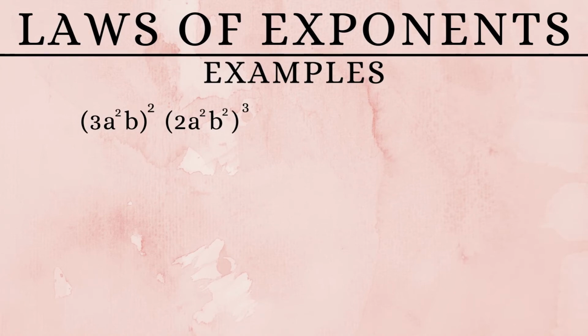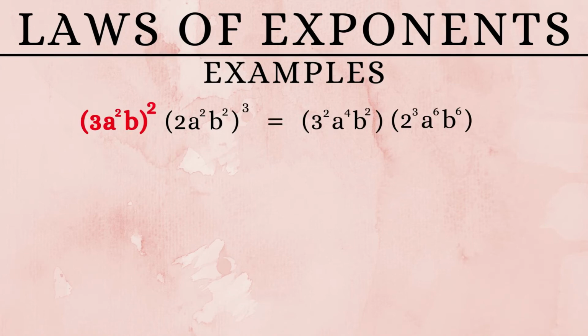As a first step, we split the exponent 2 and 3. 3a square b, the whole square, becomes 3 square a to the power of 2 into 2, which is a to the power of 4, into b square. 2a square b square, the whole raised to 3, becomes 2 to the power of 3 a to the power of 2 into 3, which is a to the power of 6, into b to the power of 2 into 3, or b to the power of 6.